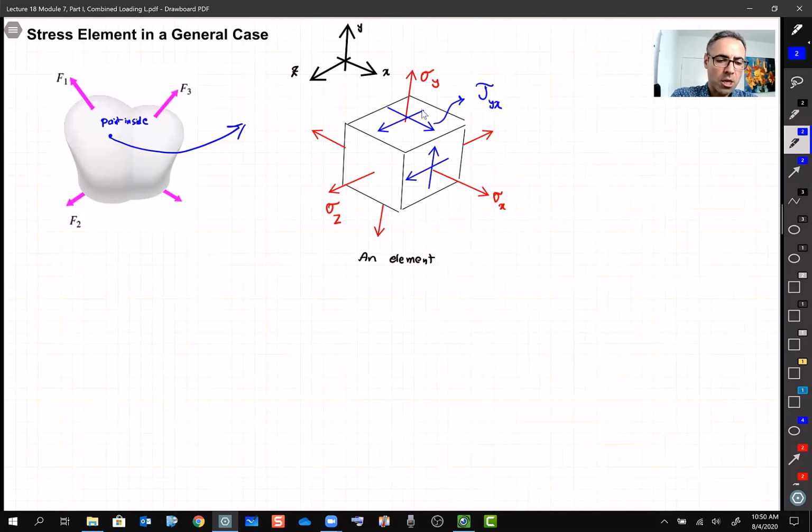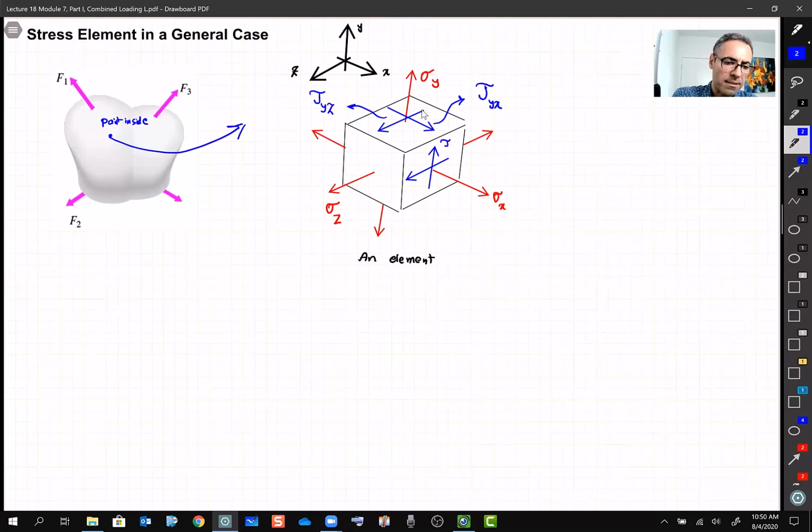All right. So what about this one? This one is again tau. It is on plane y, and its direction is z. So it's going to be tau yz. All right. And what about this one? This one is going to be tau. Which plane is it on?